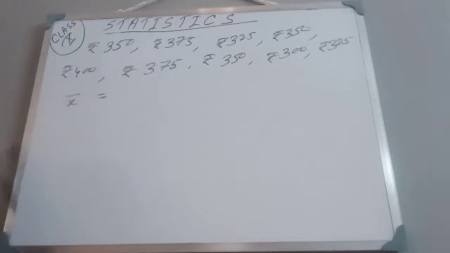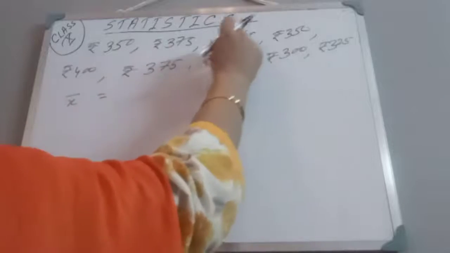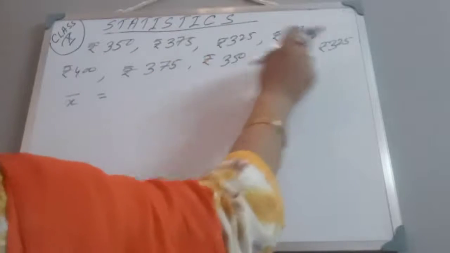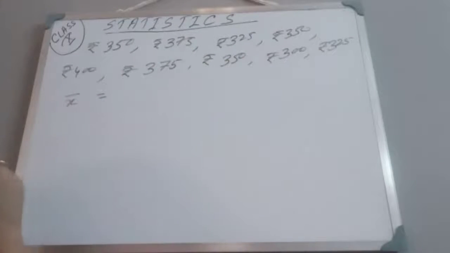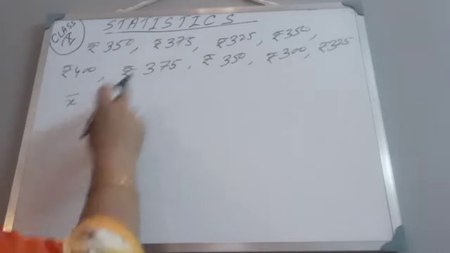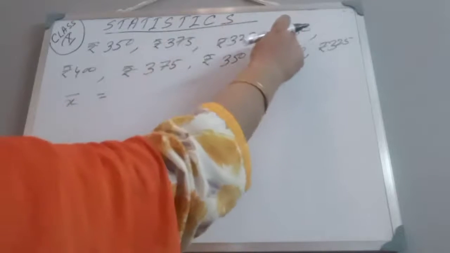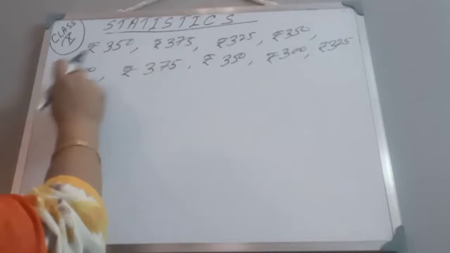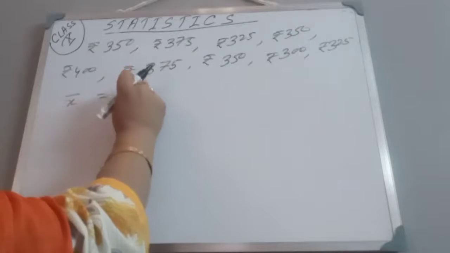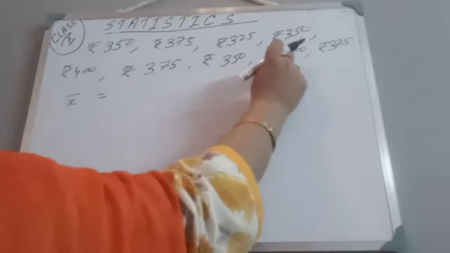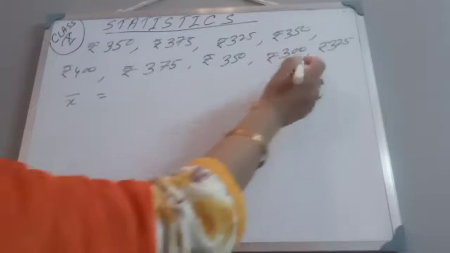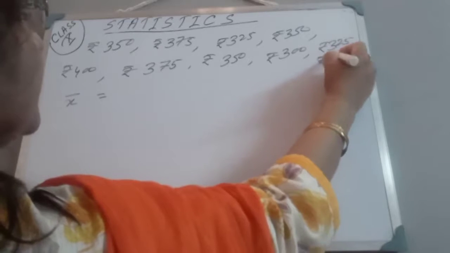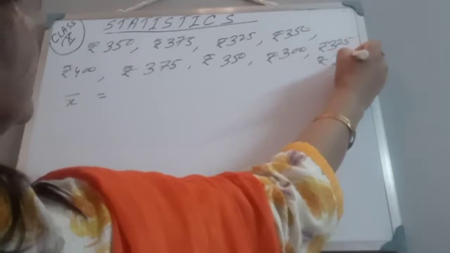We can add all these earnings. 1, 2, 3, 4, 5, 6, 7, 8, 9, and for the tenth we can take one more, rupees 300.